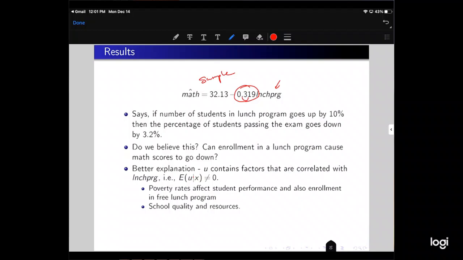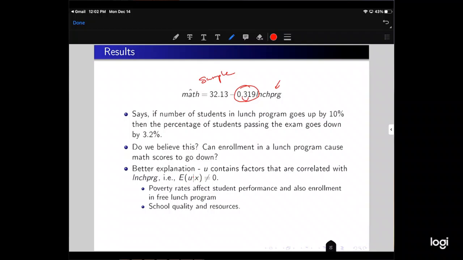Poverty rates affect student performance and also enrollment in a free lunch program. Poverty rates are probably affecting the percentage of students enrolled in a free lunch program, right? As the poverty rates go up, more students are going to be enrolled in a free lunch.